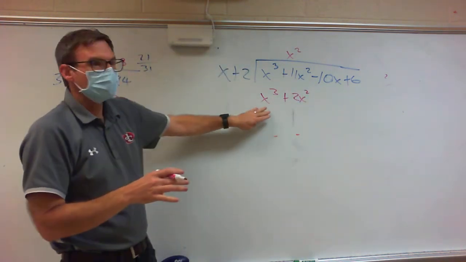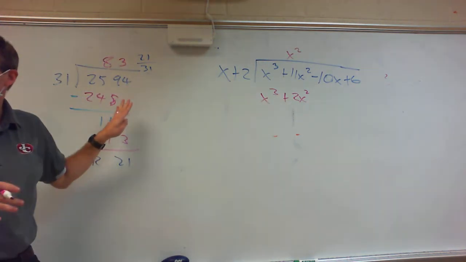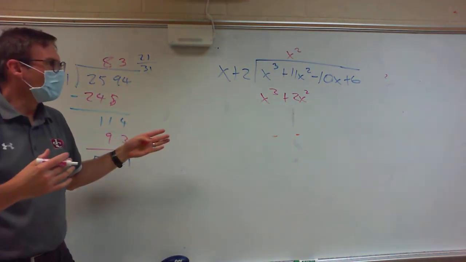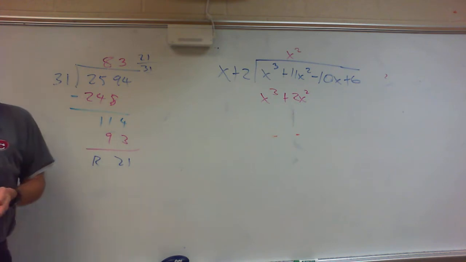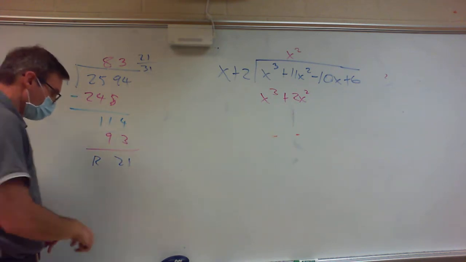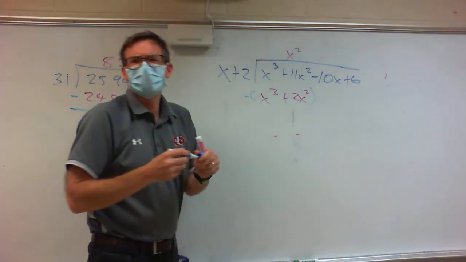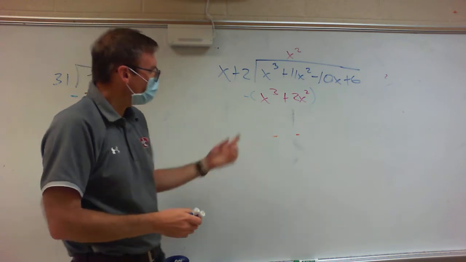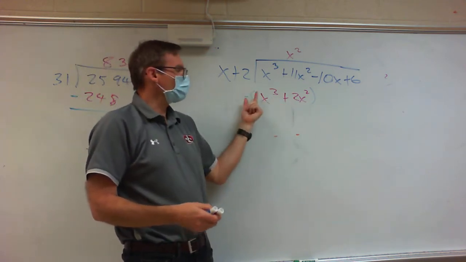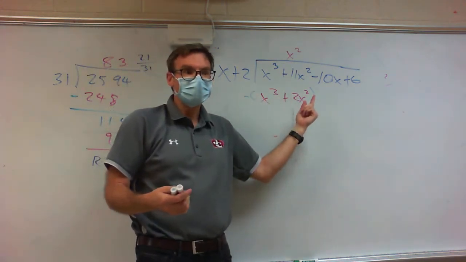What's important is you see that I'm doing the same thing I did here, just with some letters. All right, now what did I do with the 248? What was the next step? I subtracted, right? So we're going to subtract. Whenever you subtract a polynomial, that just means you change your signs.